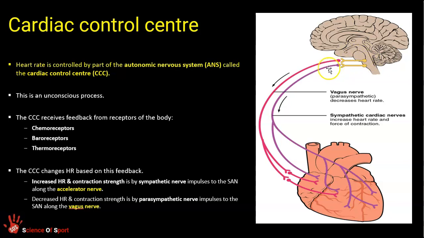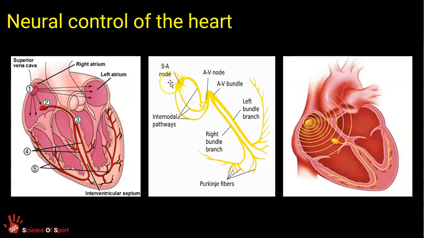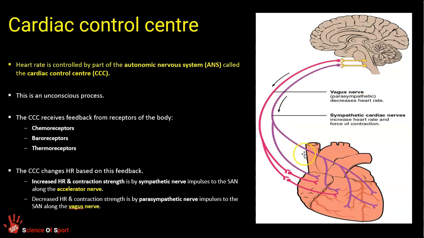I'm going to send an impulse down the accelerator nerve to the SA node and instruct it to fire faster, to make that whole process of impulses spreading through the AV node and the bundle of His faster, faster, faster. The accelerator nerve makes sense because you're accelerating heart rate.